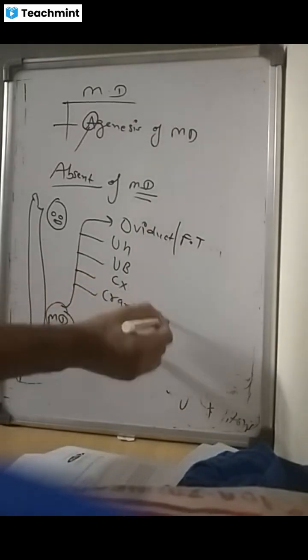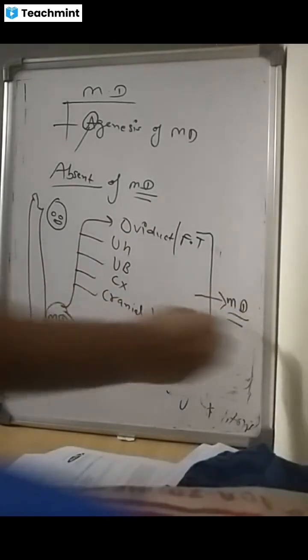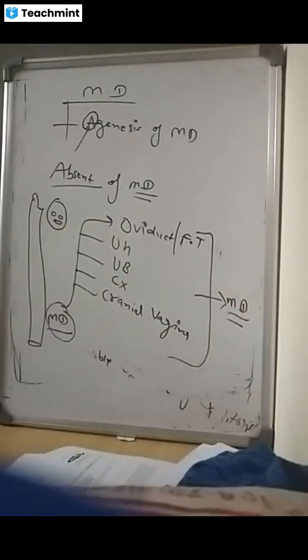These structures are derivatives of the Mullerian duct. These are the normal structures which are related with the Mullerian duct.